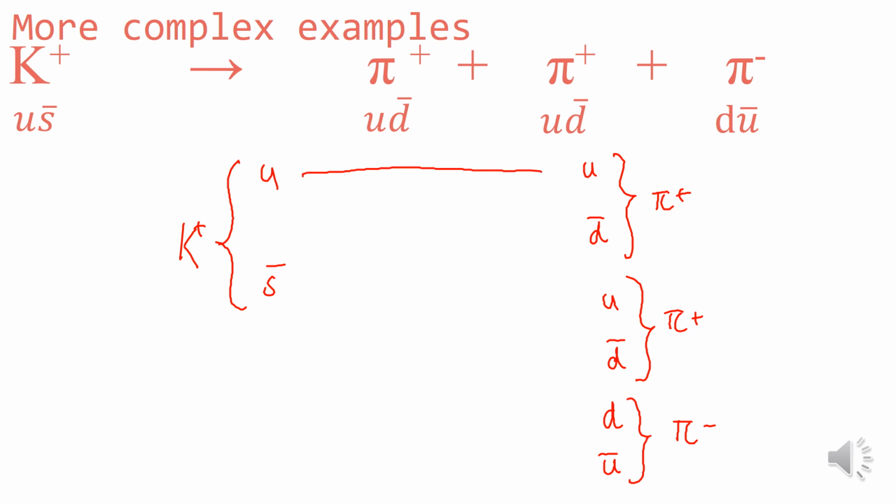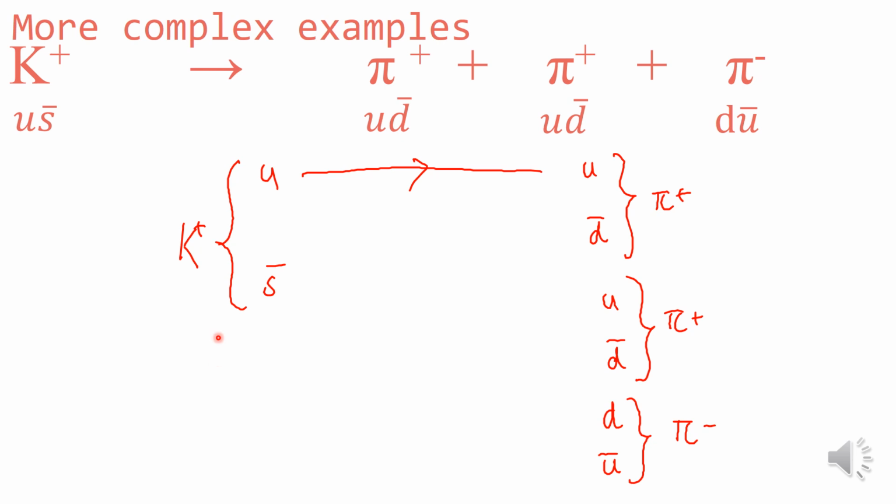Okay, so if we begin drawing, you can see that this up quark will whiz straight across and become the up quark on the other side. Now we've got a strange quark. Well, it's an anti-strange quark. So you might be able to see that this anti-strange quark is going to interact with the anti-up at the bottom.